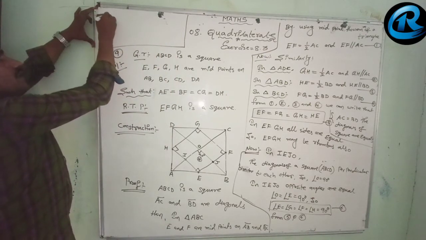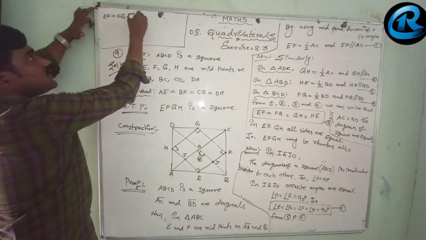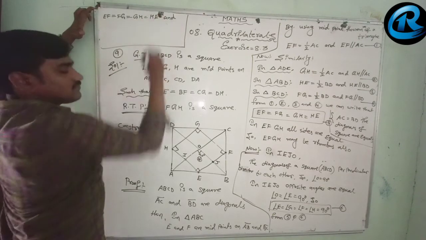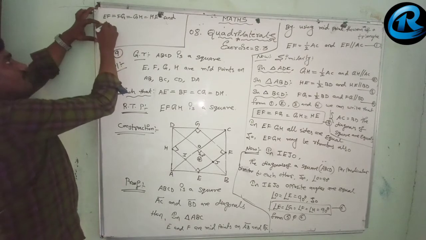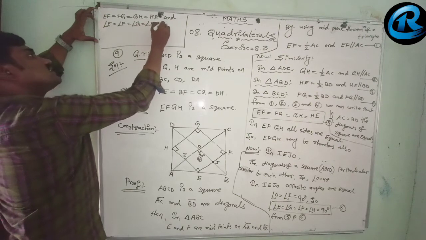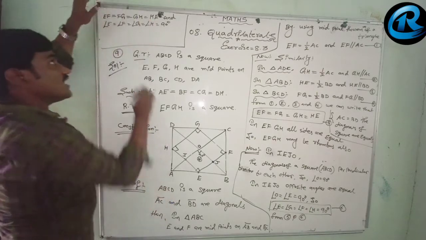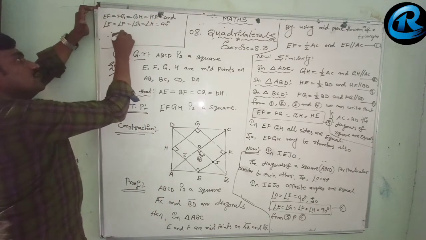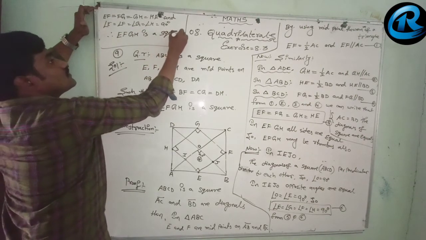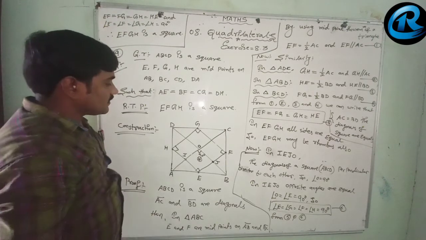That is EF is equal to FG is equal to GH is equal to HE, and angle E equal to angle F equal to angle G equal to angle H equal to 90 degrees. All the sides are equal and all angles are equal to 90 degrees. Hence, therefore we can write EFGH is a square. Hence proved.